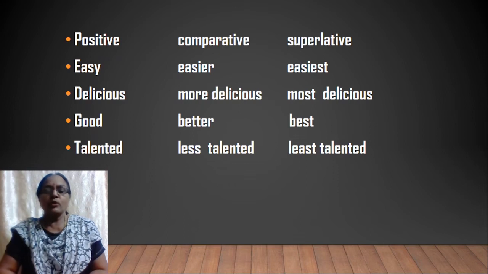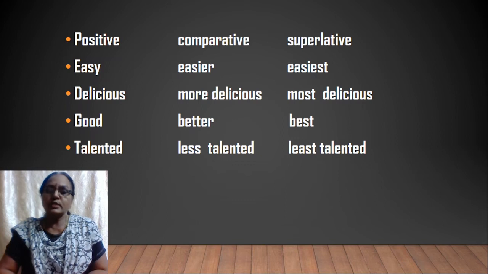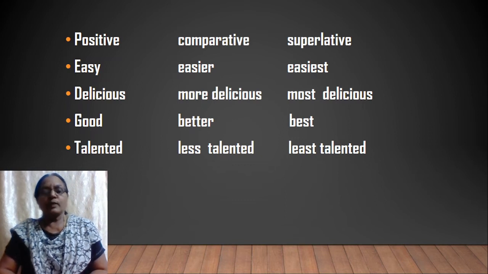So, if you looked at all these words, you'll find they all just don't follow the same rule. Now, you'll find that in all the four words, the comparative and superlative degrees are entirely different. So, look at the word easy. We've got it as easier and easiest, but when you come to delicious, it is not easier.